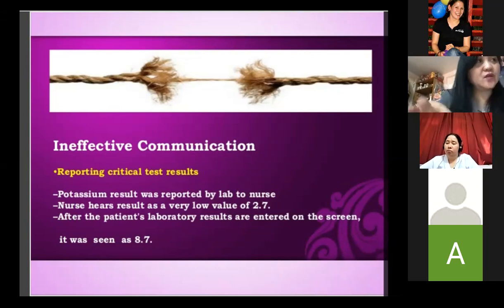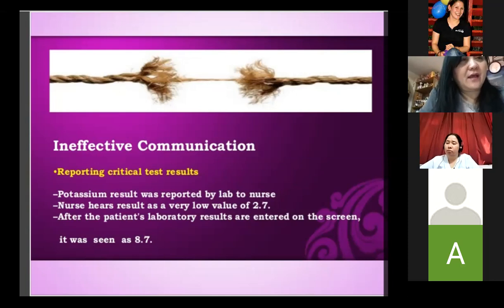And what happened is you did not do it. So there will be a problem. There will be a delay of the operation because of this miscommunication or ineffective communication. There must be clear communication between the health team.